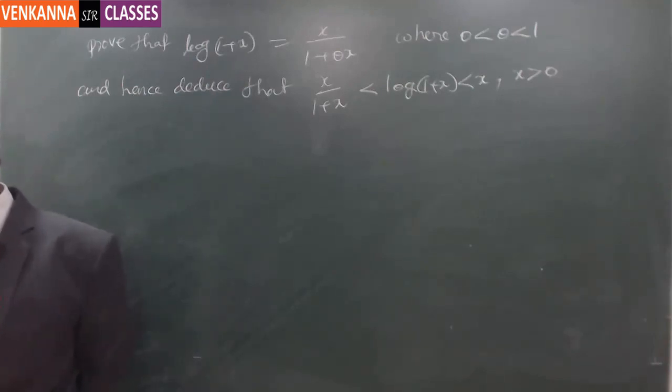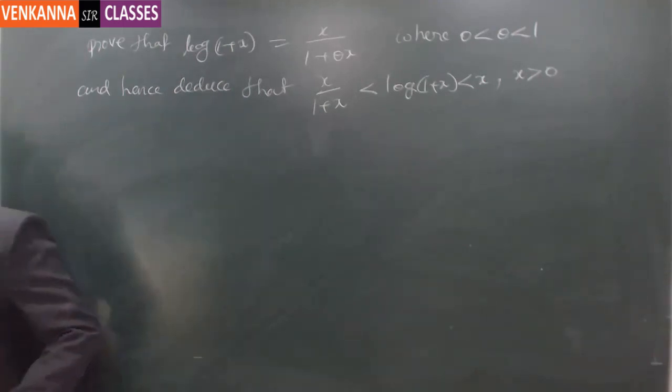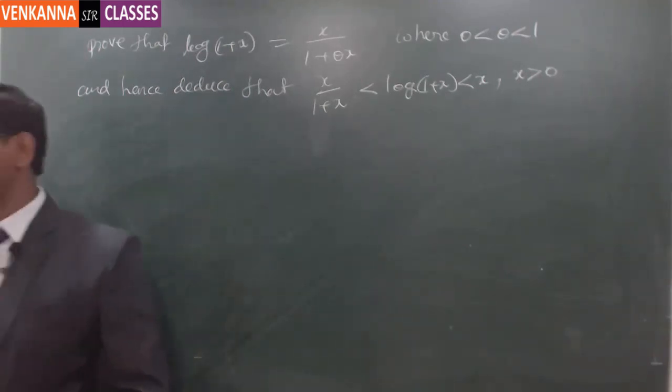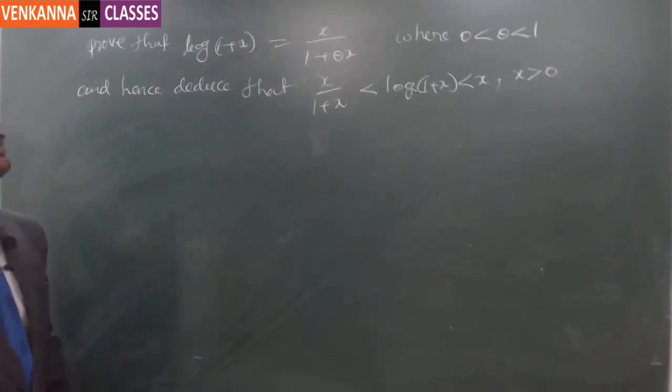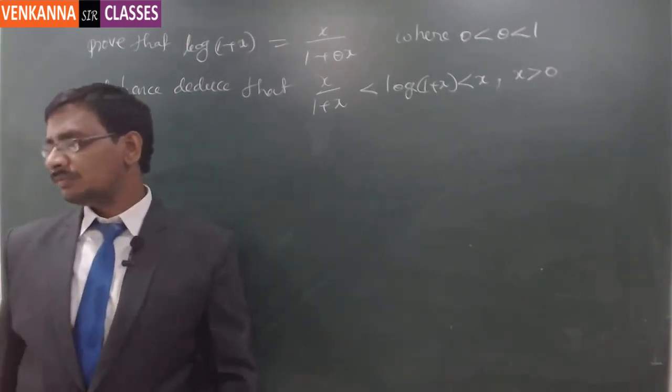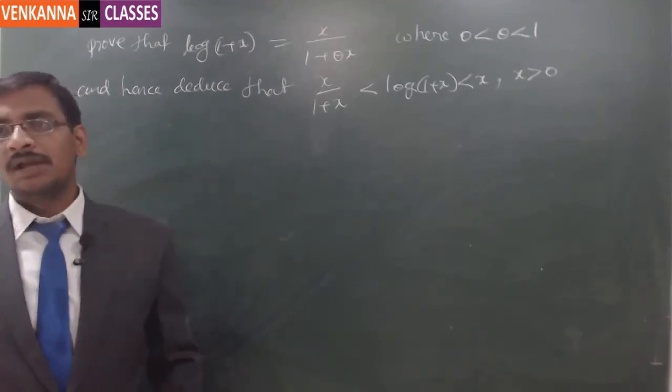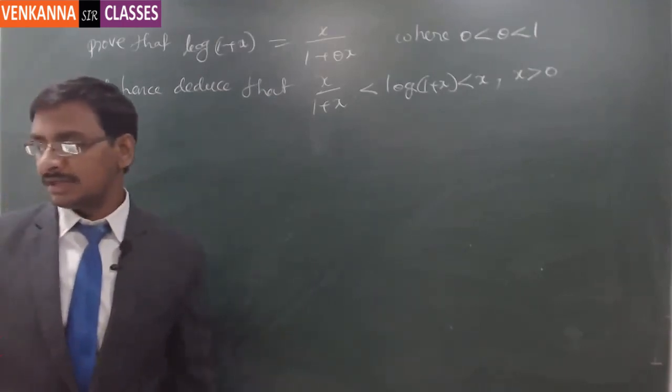Can you prove that? I'll give you 2 minutes time, so you can try to solve on your own. So a is not 1. So this is a form of Maclaurin series. So Lagrange's form, extension to Maclaurin series, right?